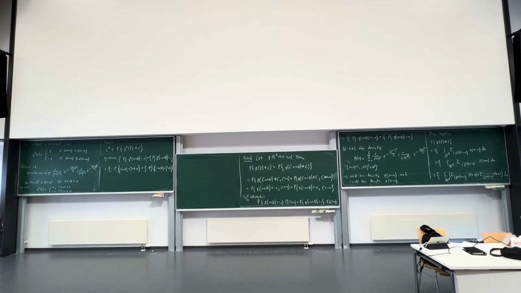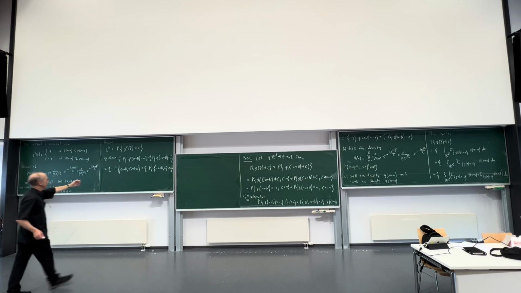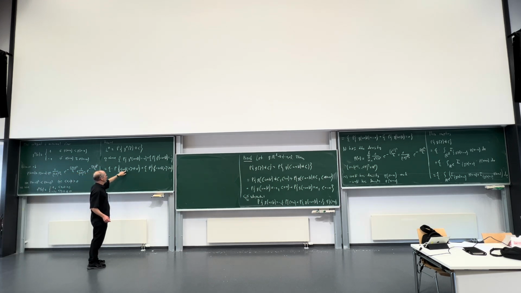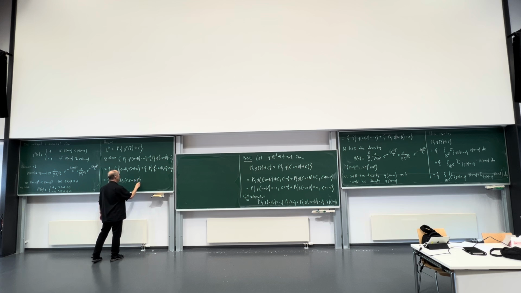And now you use the linearity of the scalar product. That's the scalar product of u with itself, so it's norm u squared plus the scalar product of n and u. So that means that's the probability that the scalar product of n and u is less equal minus norm u squared.